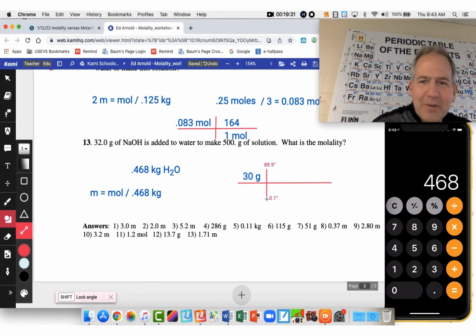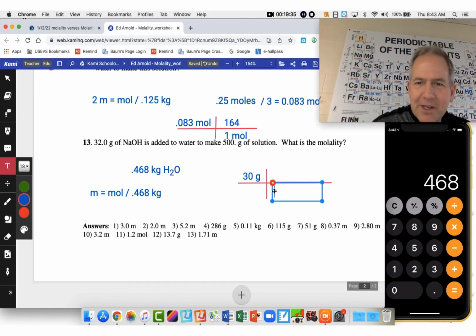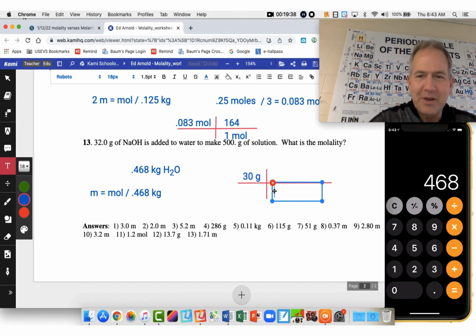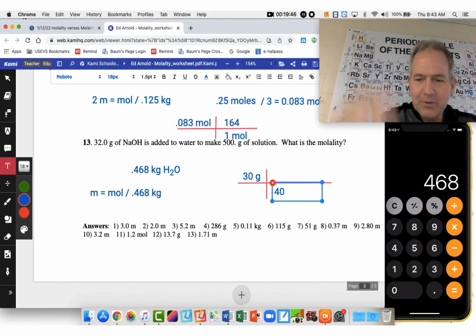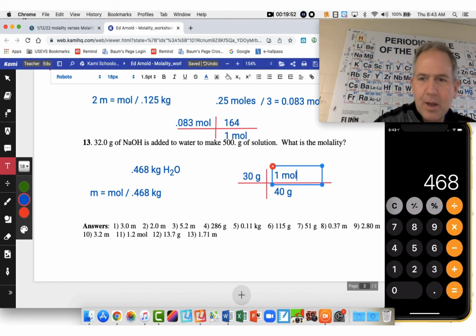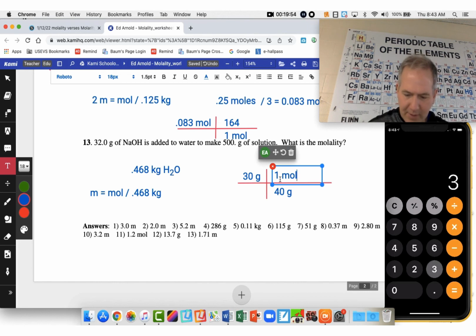I say we've used it a lot because remember I have to do those experiments 6 times a day and you only do it once. So I do all these calculations usually 6 times a day. So that's 40 grams. It's 23 plus 16 plus 1 equals 40. So we put grams on the bottom. We put 1 mole on top. And so 30 divided by 40 equals 0.75.